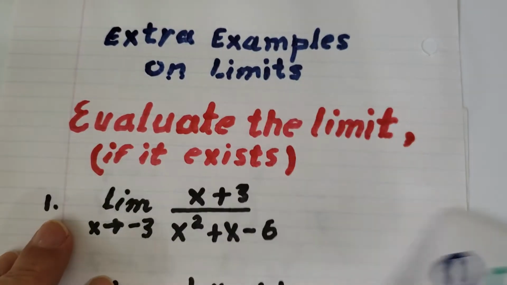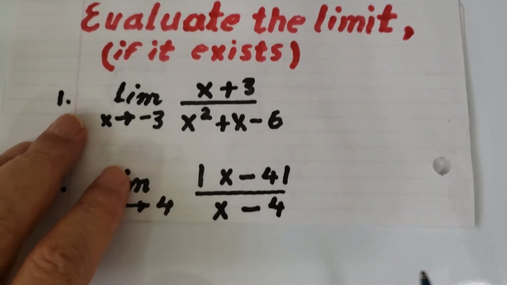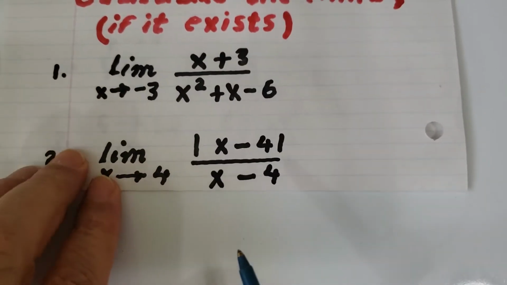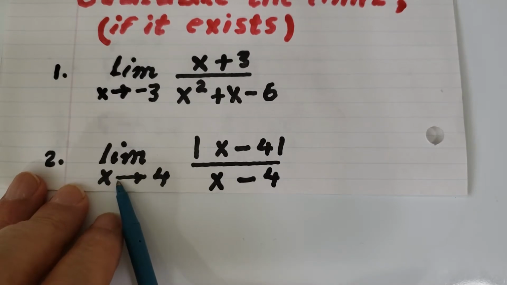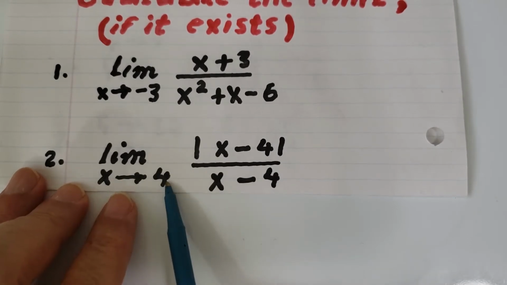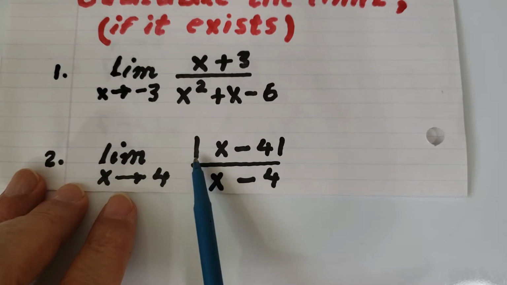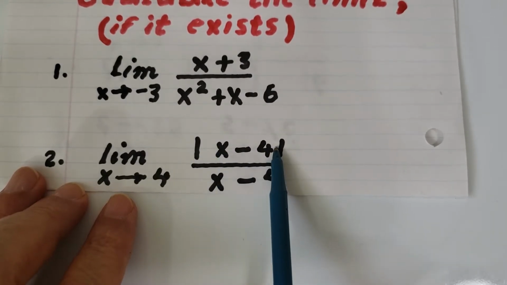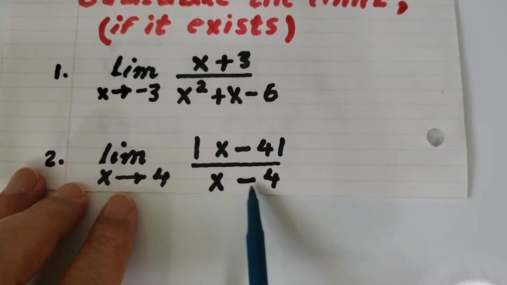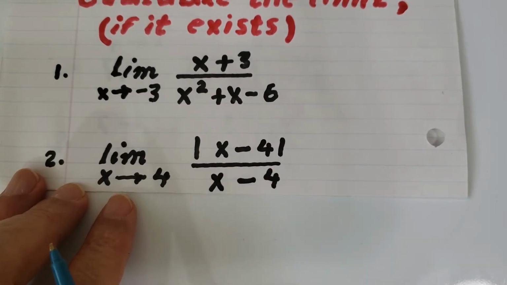Let us talk about another question here. Find the limit as x approaches 4 for the function absolute value of (x minus 4) over (x minus 4).